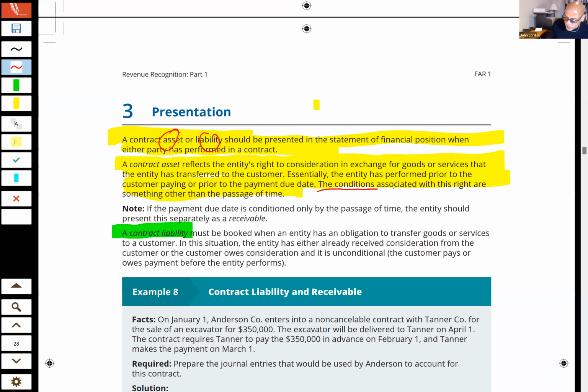Now when you read all that, you're like, well, didn't we call that accounts receivable? And they're saying, well, yeah, but we're FASB and we're bored and we don't have anything better to do. So no, we're going to call it a contract asset unless all that's being waited for is the passage of time. Then you can call it a receivable.